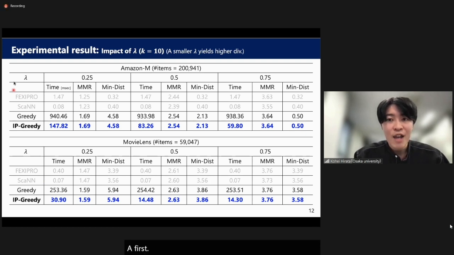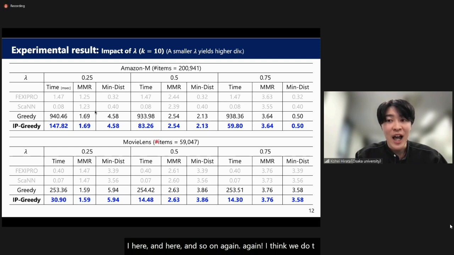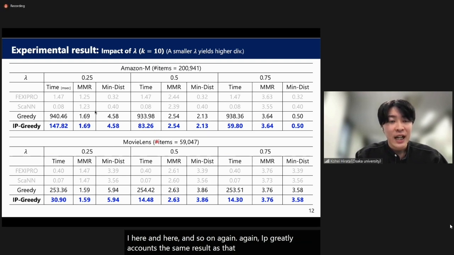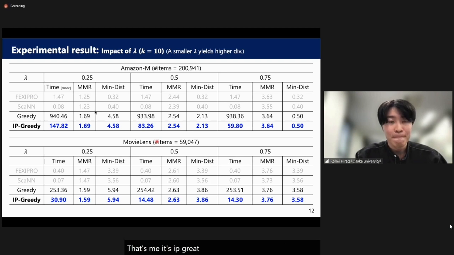First of all, IP-greedy runs faster than greedy. Again, IP-greedy returns the same result as that of greedy. That means IP-greedy is better than greedy.